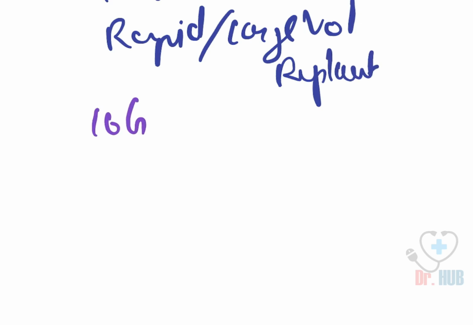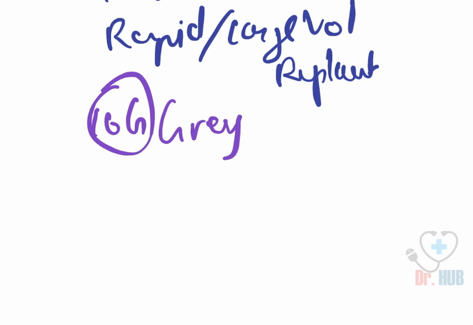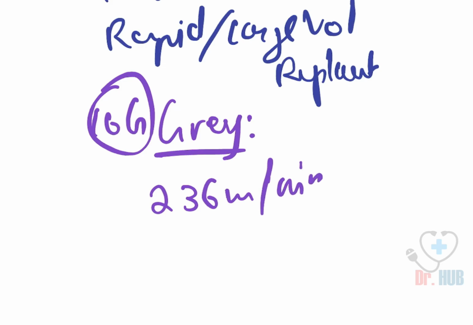Next we move on to the 16G, and 16G is for gray, and the flow rate is less, 236 ml per minute. There are only two which are above 200, that is 236 and 270, gray and orange respectively.